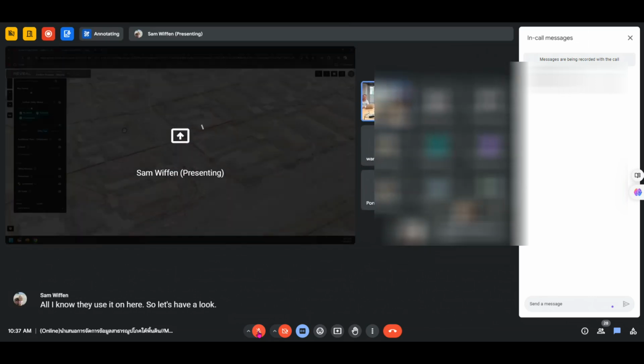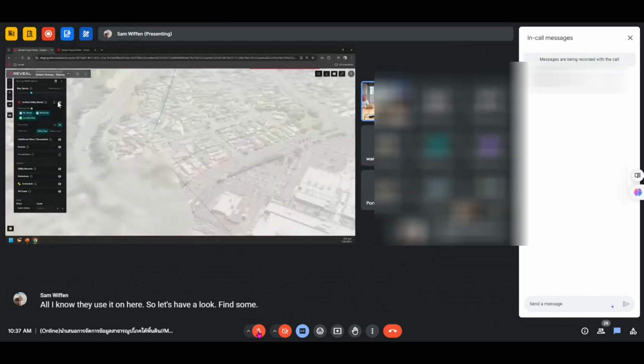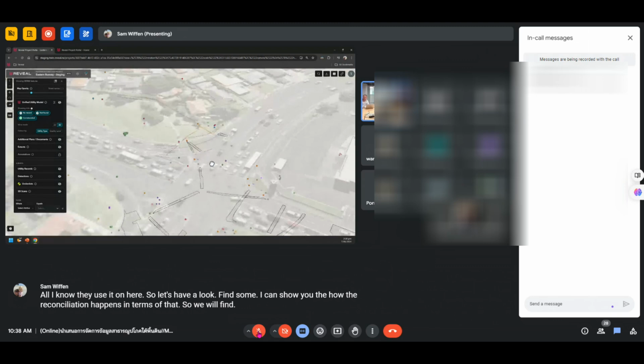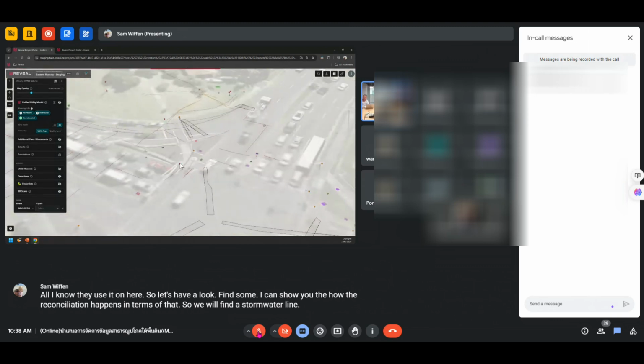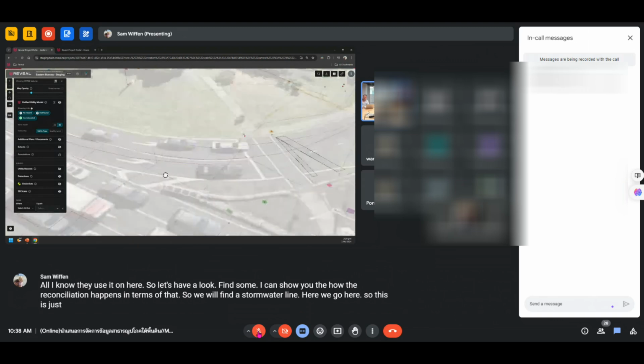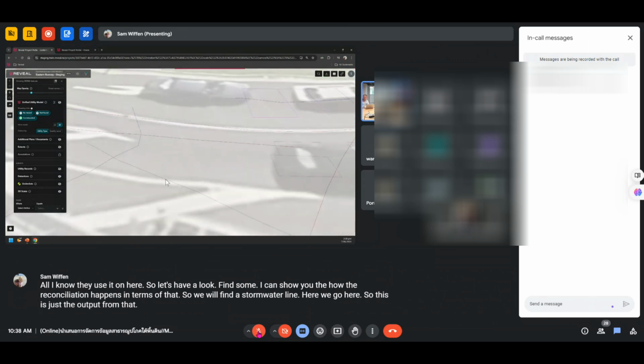Let me just find some. I can show you how the reconciliation happens in terms of that. So we will find a stormwater line. Here we go here. So this is just the output from that investigation.